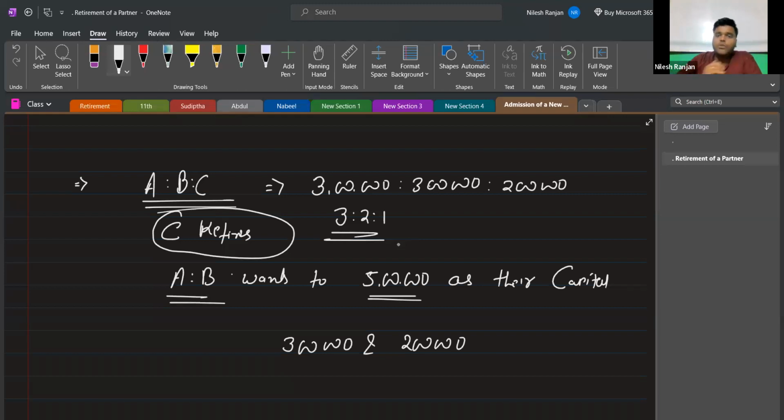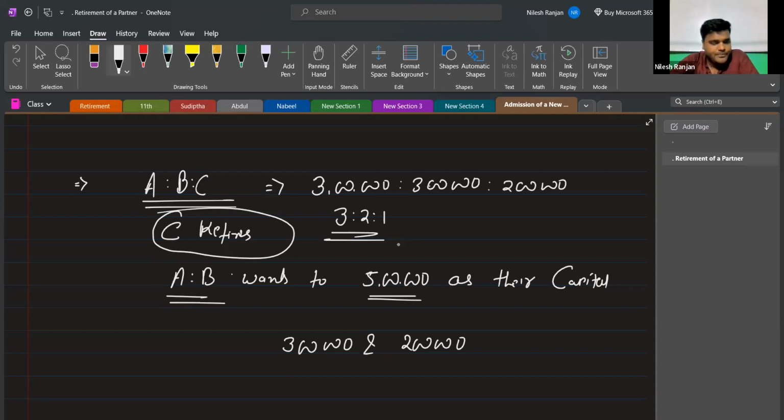So what you have to do in the first case is, first calculate the adjusted capital of partners. That means after all adjustments like revaluation, goodwill, profit and loss distribution, and reserves, you have to adjust all these items and then calculate the adjusted capital.